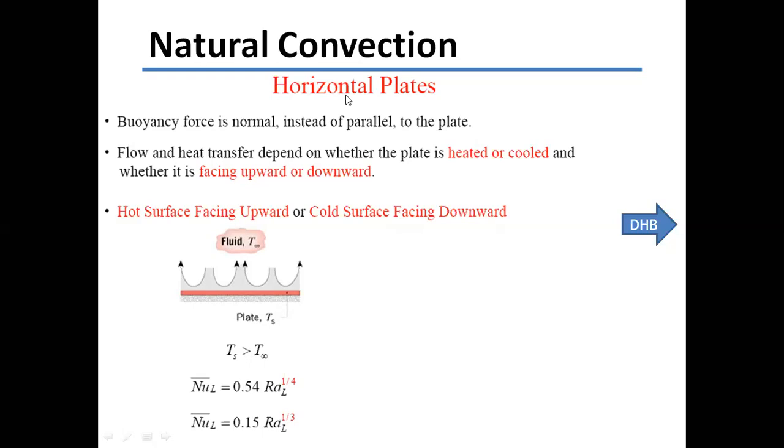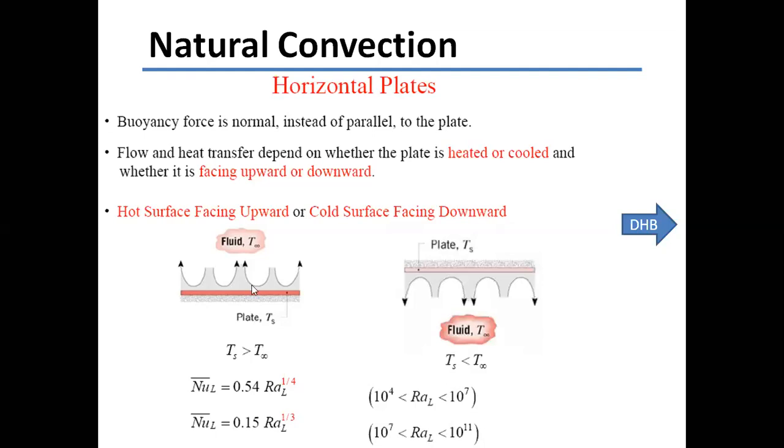and this will cause the convection, right? Similarly, a cold surface can be facing downward. That is also possible. If a hot surface is facing upward or a cold surface is facing downward, the process will be similar. In both cases, the equations are similar.